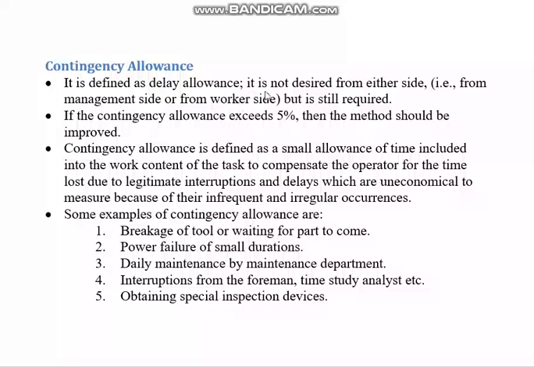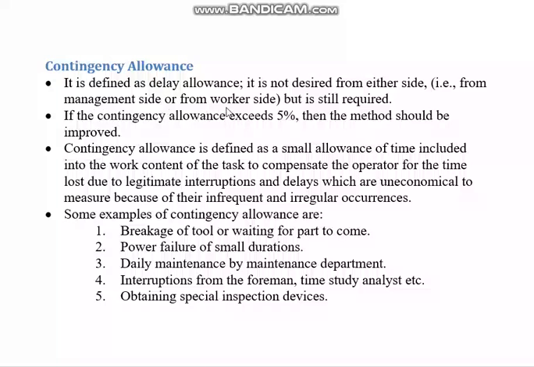But this contingency allowance is not desired from either side. The management also doesn't want such kind of delay to take place, and the worker also will not want it. Management will not want it because the volume of production will go down if delays are taking place.